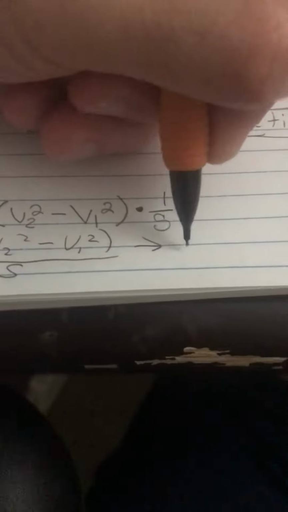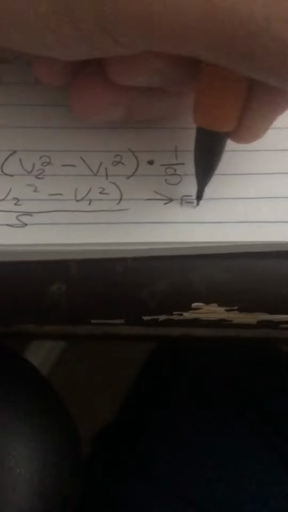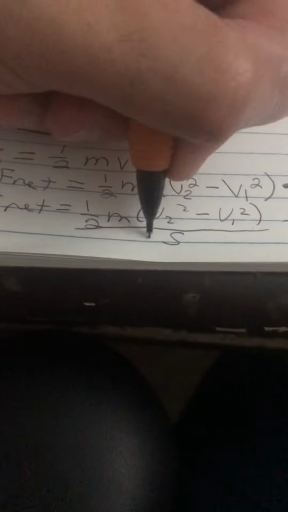We can still use some algebra: take the 2, bring it down here, put 2s over here, and you have m standing over here.